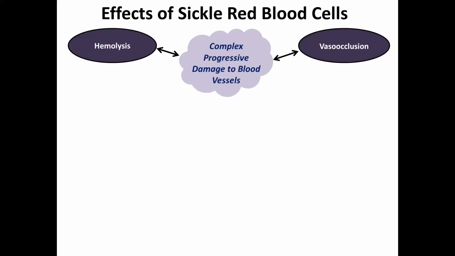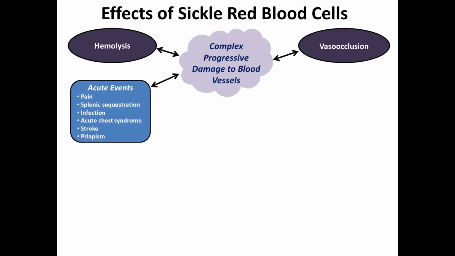And this damage to the blood vessels that's caused by the sickle cells leads to the acute kind of complications of sickle cell that you are all familiar with, like acute episodes of severe, sometimes excruciating pain, splenic sequestration, and increased risk of infection, acute chest syndrome, which is like a very severe kind of pneumonia, stroke, and priapism.